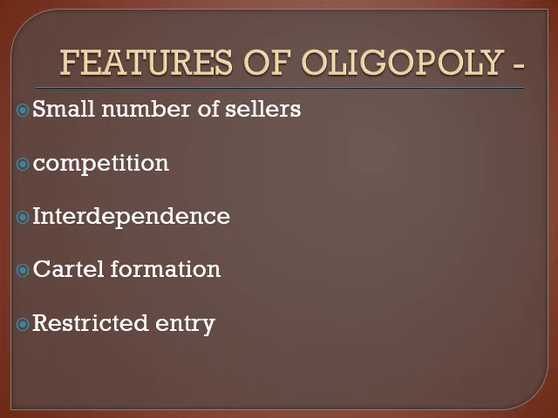So that is a cartel. I just forgot that particular definition. That is what happens in the case of cartel formation. And restricted entry is because of governmental regulations, high technology, patent rights, and a lot more reasons.